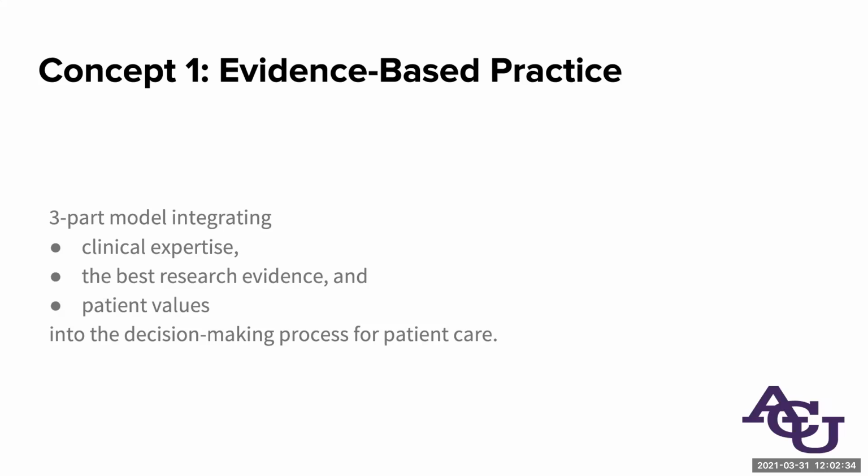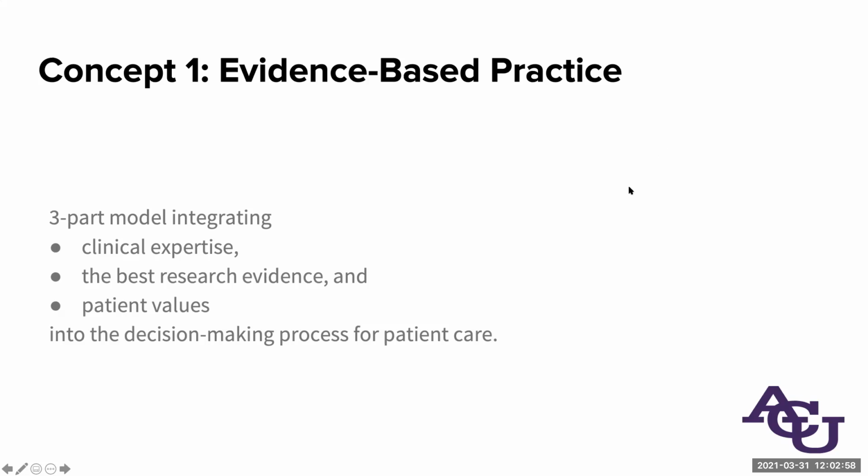So evidence-based practice is defined by Duke University as a three-part model where you integrate clinical expertise, the best research evidence that's available, and patient values. And you take all three of these factors into your decision-making process to determine what kind of patient care we are offering.